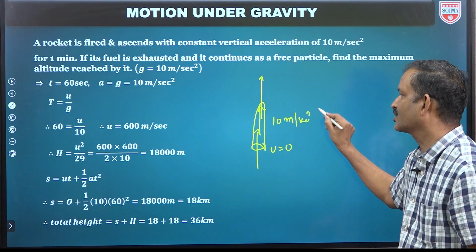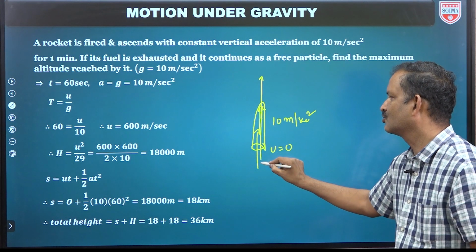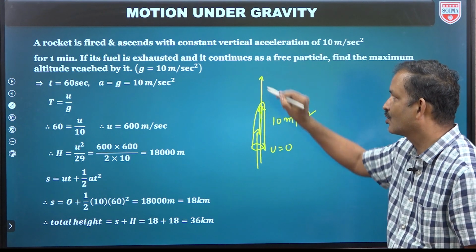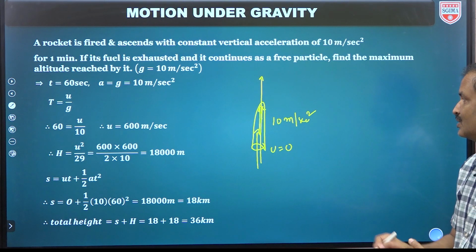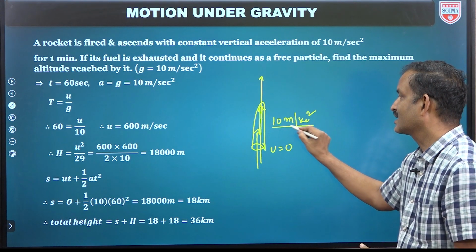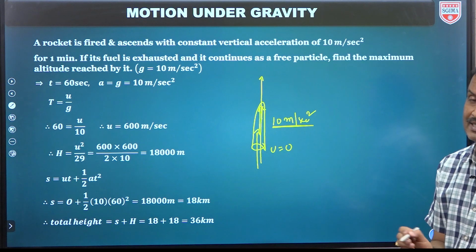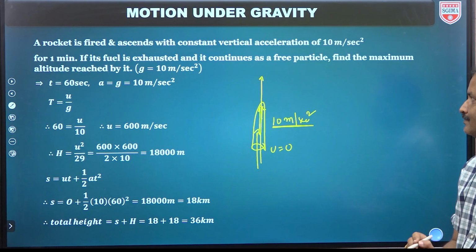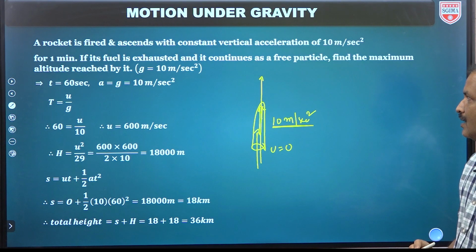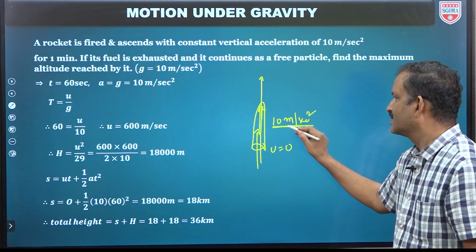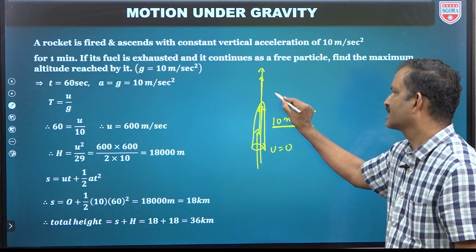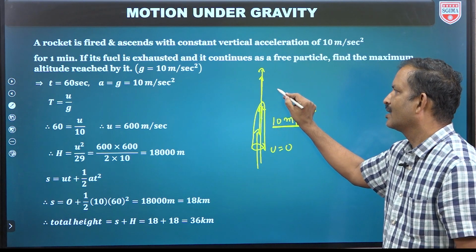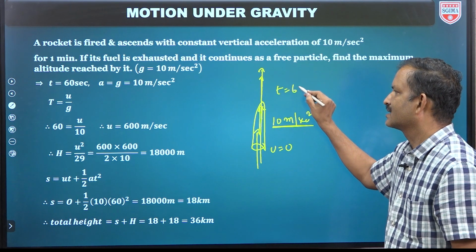It is not a vertically projected body, because here due to fuel a force is acting in the upward direction. Due to that upward force, it is going up with net acceleration 10 meters per second square for 1 minute. 1 minute means this time it goes upward with fuel. 1 minute means time is 60 seconds.